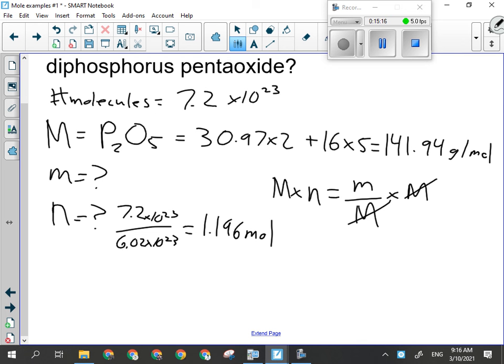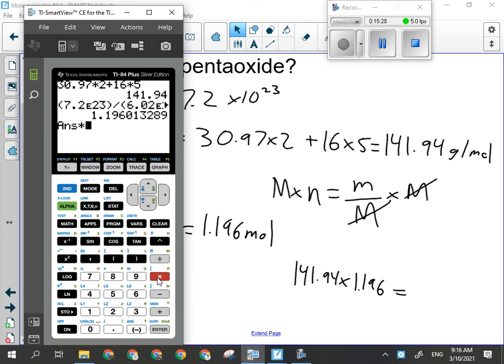Now that I've got that, I can plug in those numbers. 141.94 times 1.196 is going to get me the mass, so we're going to have 169.76 grams.